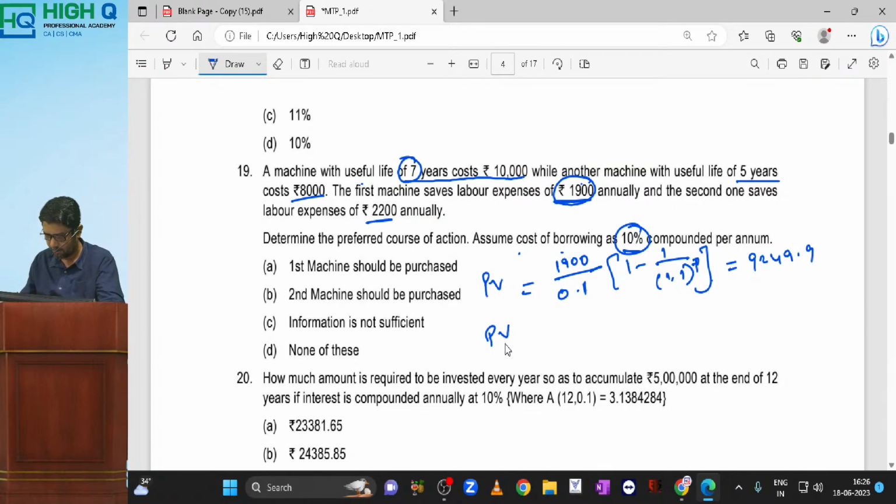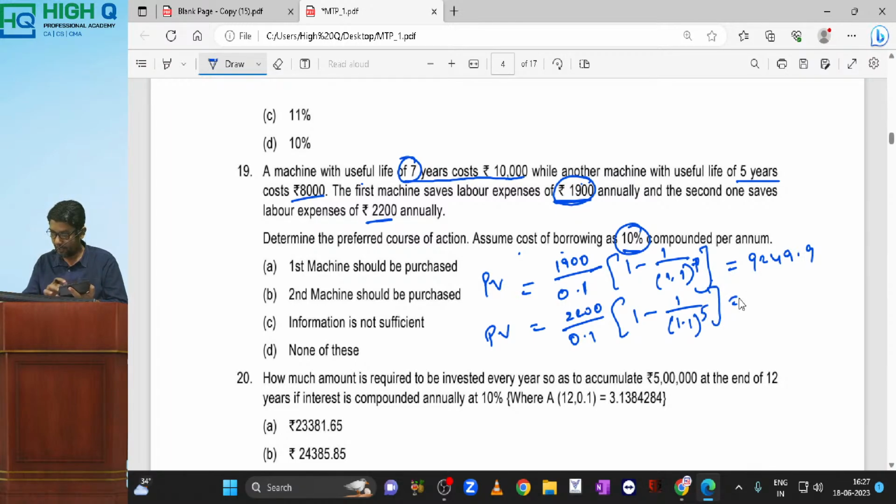Now listen here. Present value is equal to 2,200 divided by 0.1, into 1 minus 1 by 1.1 whole power 5. Let us find out this value now. 1.1 power 5, then 1 minus 1 divided by it, into 2,200 divided by 0.1. I get 8339.